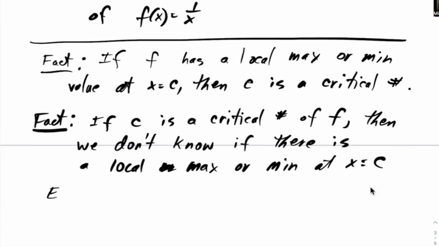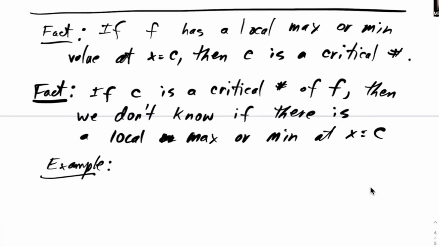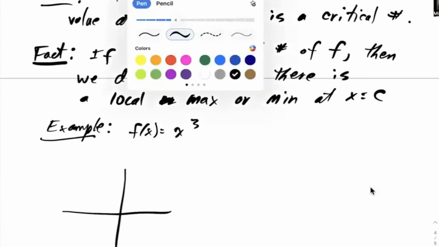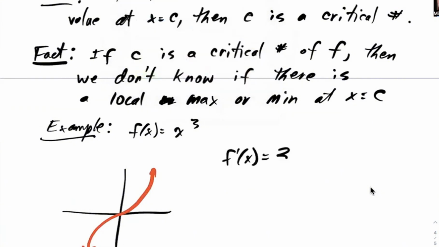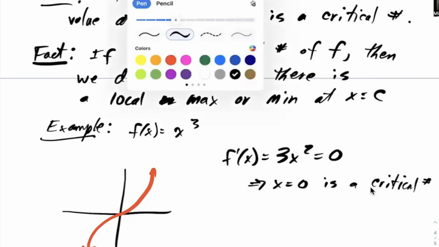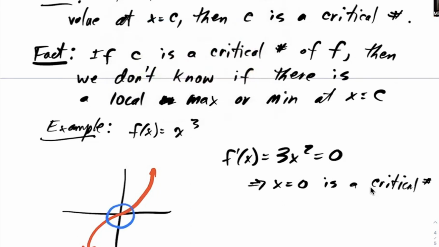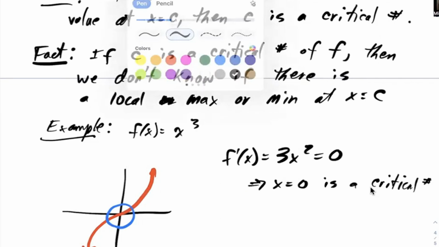And the common example of that, I hope you remember, is f of x equals x cubed. The graph of that looks like this, all right? And if I take the derivative, it's going to be 3x squared, and that equals 0, which tells us that x equals 0 is a critical number. But what happens at x equals 0? It's not a local max or min, it's neither. It'll turn out we'll call this an inflection point, but we'll talk about that later on.